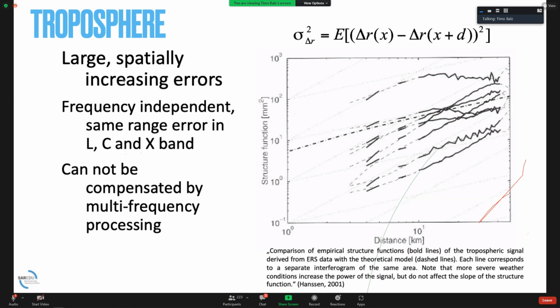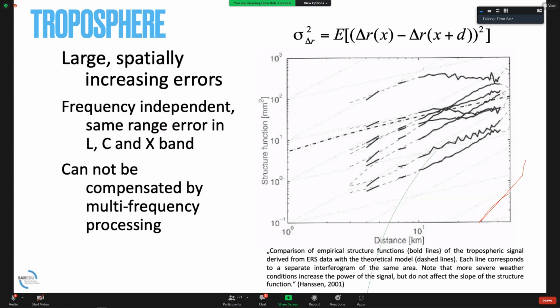but these errors are spatially dependent. Okay, by that we mean, if you think about the weather from one pixel to the next pixel, the weather is not going to change so much. Similarly, the phase delay does not change much from one pixel to the neighbor pixel. It's going to change slowly over the image.